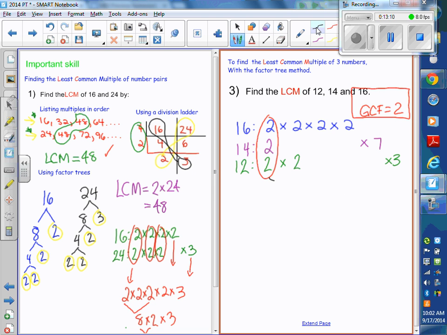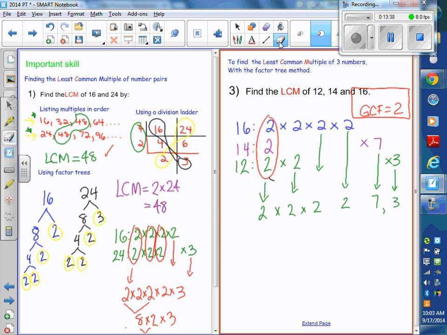So I take this 2, and then I take a representative from each other row. This 2, that 2, that 2, that 7, and that 3.